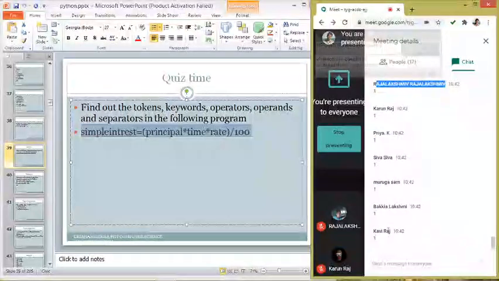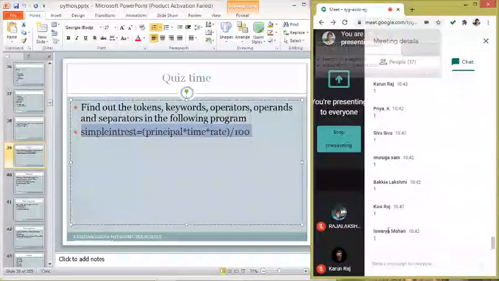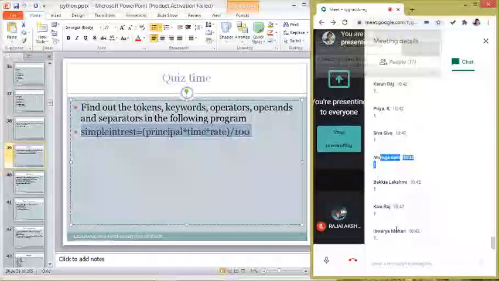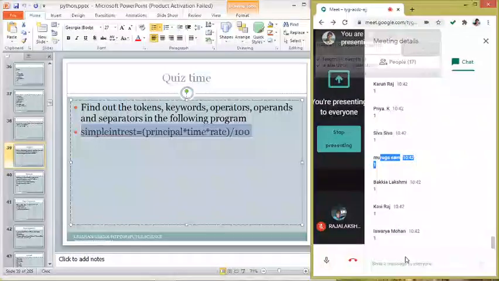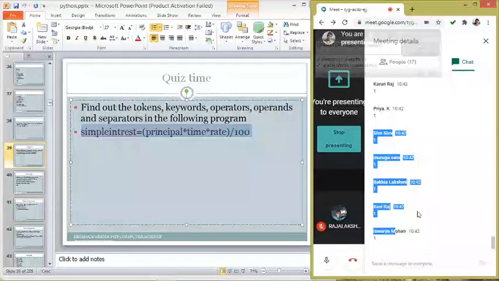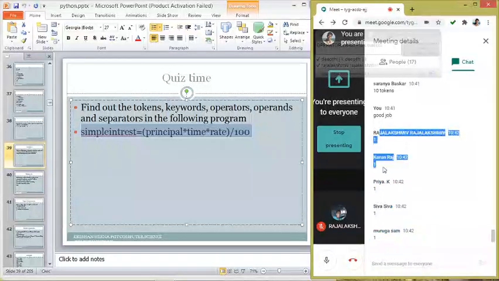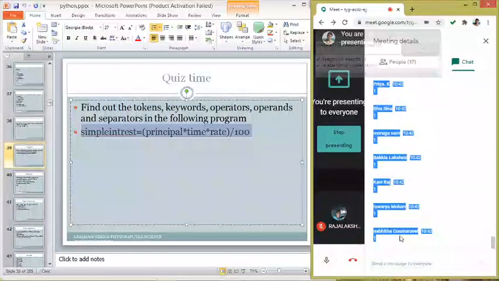But unfortunately, what is the meaning of keyword? Everybody has given the incorrect answer. Everybody is telling there is one keyword available. Can you tell me the name of that keyword?